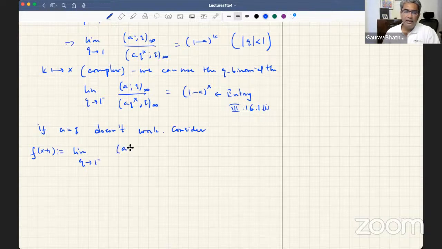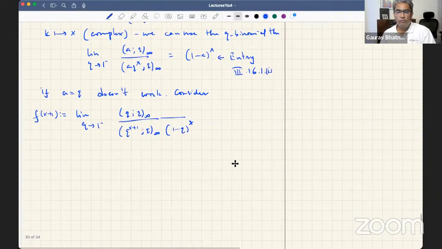And we look at A, replace A by q, then (q^(x+1);q) infinity, and I divide this by (1 minus q) raised to the power x. So what is this?